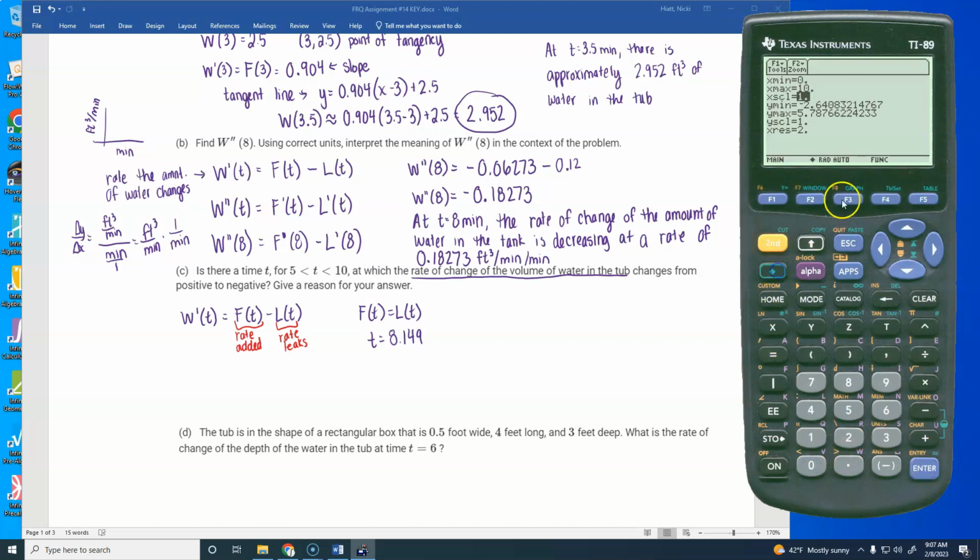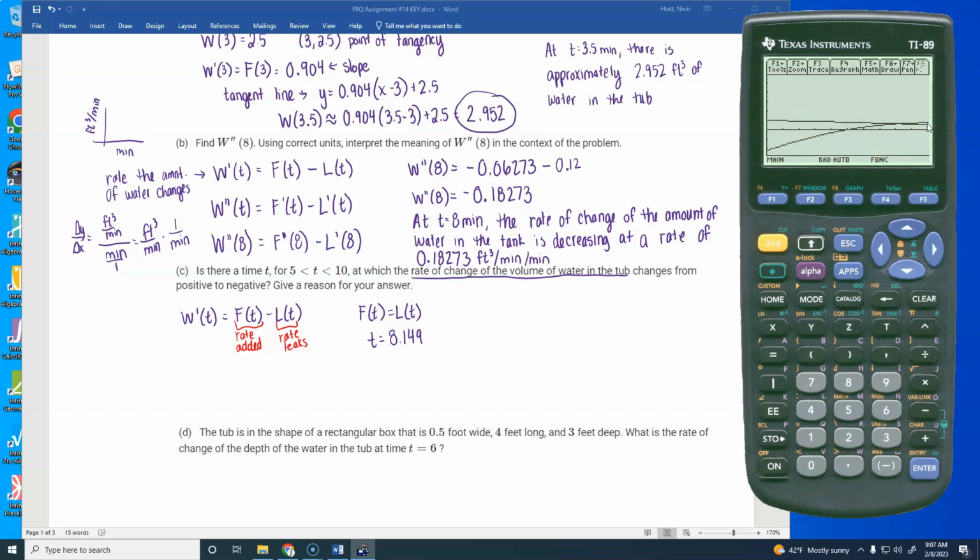and graph that. Alright, so y1, the one that graphed first, that was my rate that the water is being added to the tank. Then the second one, that's our leaking rate.